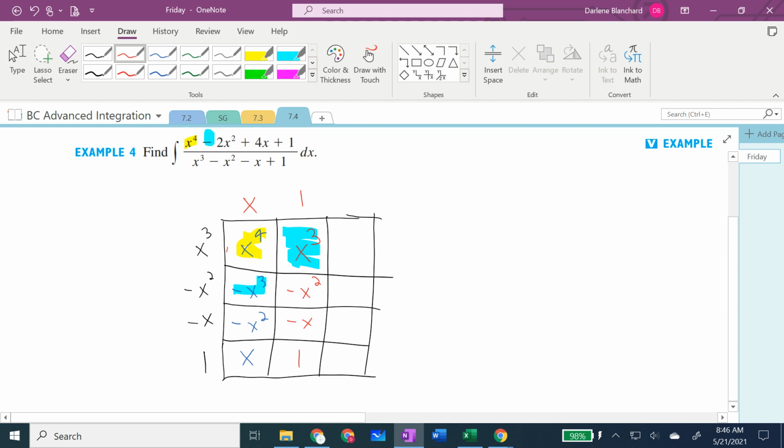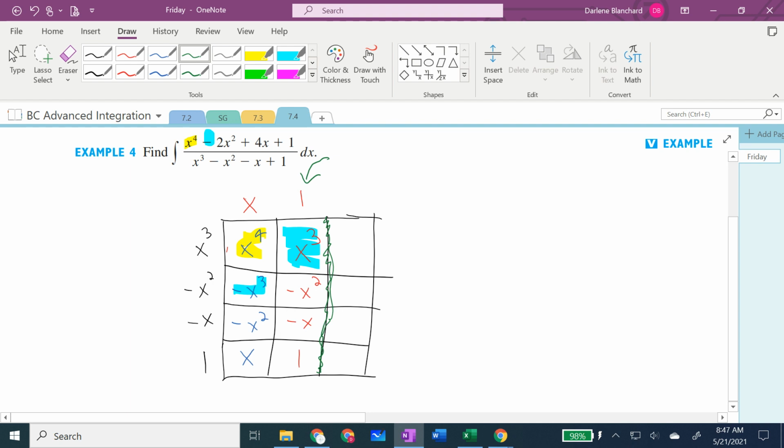When you are doing polynomial division, once your constant term shows up in the quotient, everything else that shows up inside the boxes to the right of that is all part of the remainder.